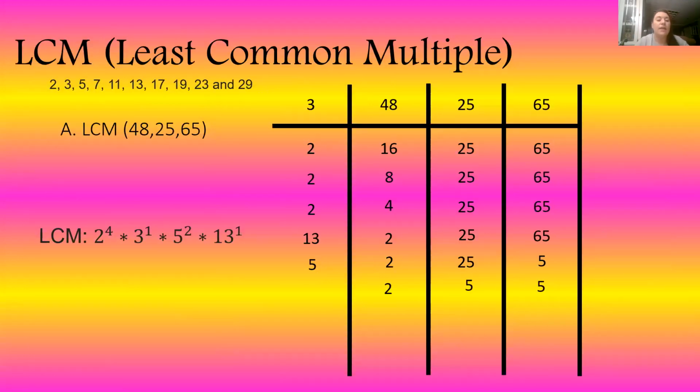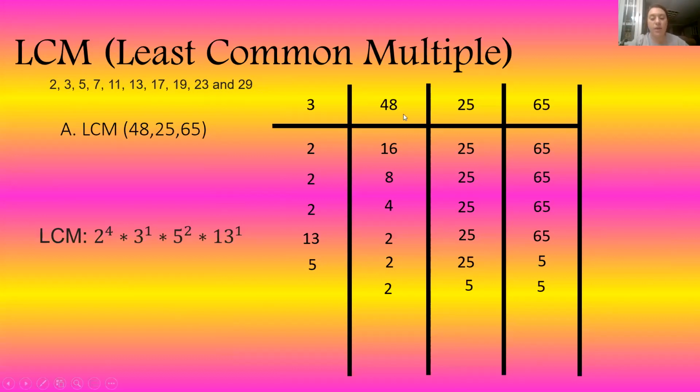All right, so least common multiple. Finding the least common multiple, we're going to be using prime numbers. The numbers we're going to be finding the least common multiple of are 48, 25, and 65. Using prime numbers, we'll start out with 48. You can do this in any way you want.